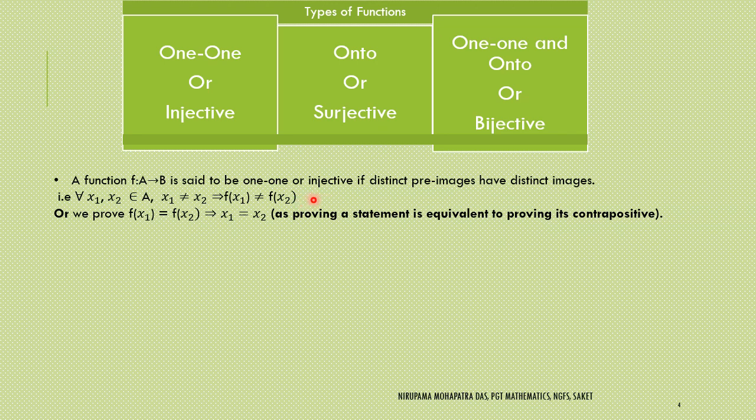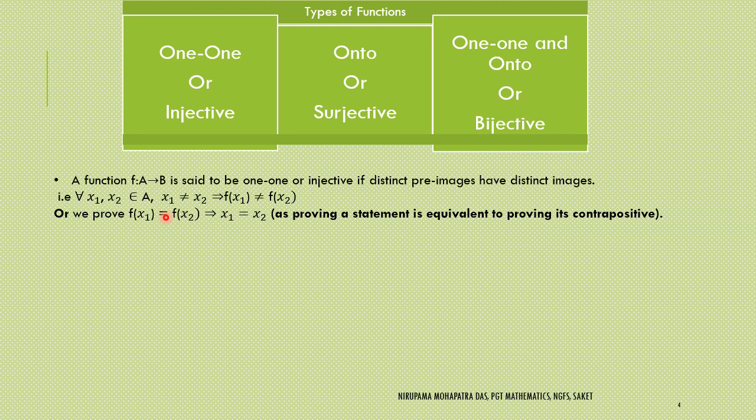Okay, and also, to prove that they are different, it may be time taking or a little bit complex to identify whether they are different or not. But one case we can show is whether they are equal or not. And we know whenever we have difficulty in proving any statement, we can prove the contrapositive of the statement.